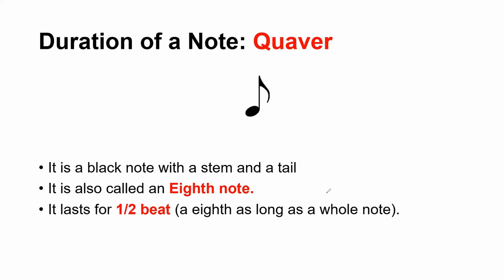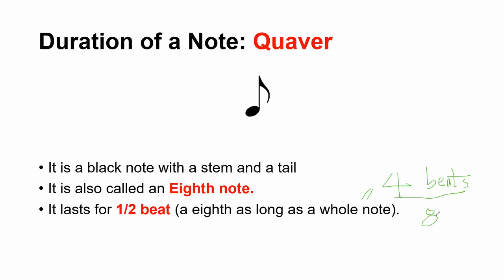Okay, so let me explain that again. Your whole note is equal to 4 beats. Therefore a quaver is an eighth note, meaning that the number of beats is going to be 4 beats, which is the 4 beats here, divided by 8.